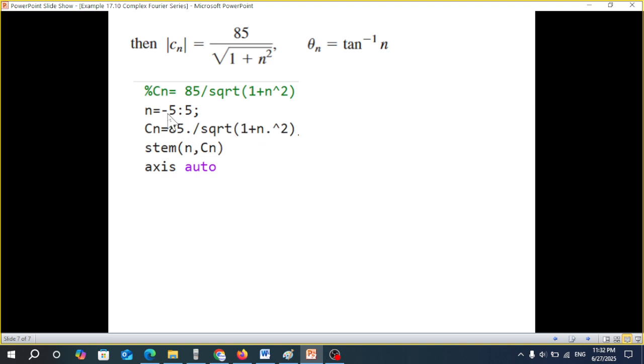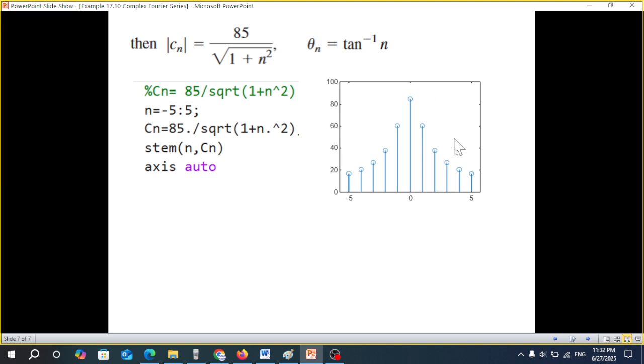But because there are so many values of n, and Cn has to be calculated for all the values, that is why the technique is to put a dot here. So 85 dot division, and here also dot power 2. And then for the discrete time signal, instead of a plot command, we write a stem command. So stem x-axis and y-axis.